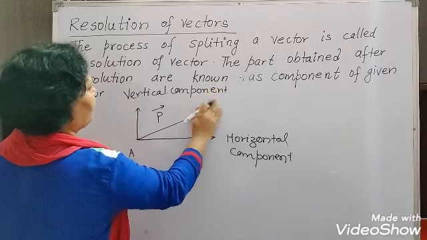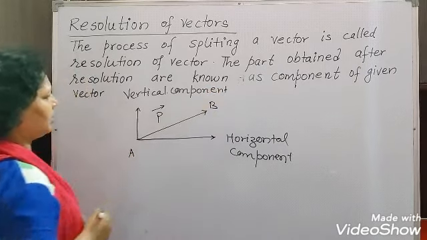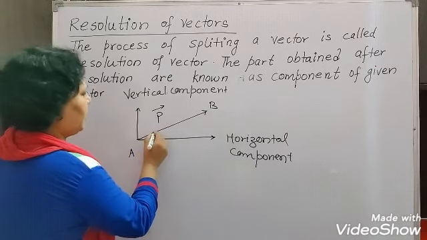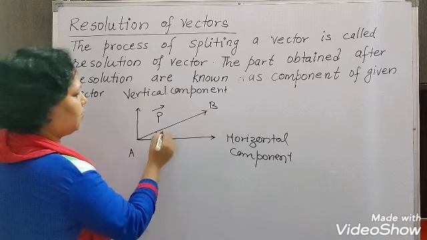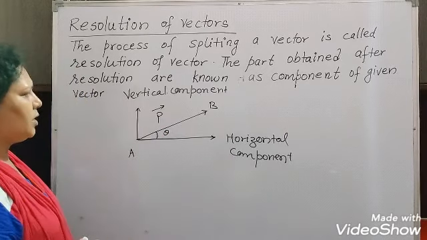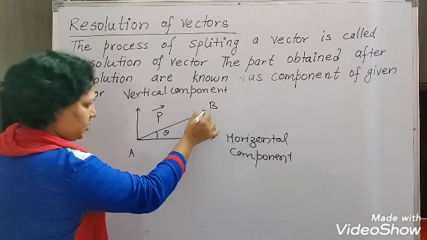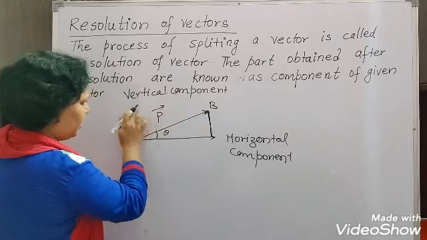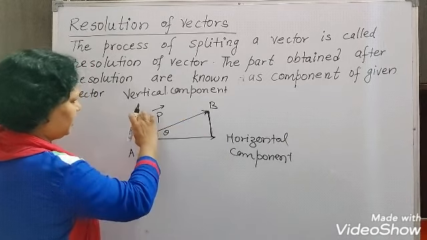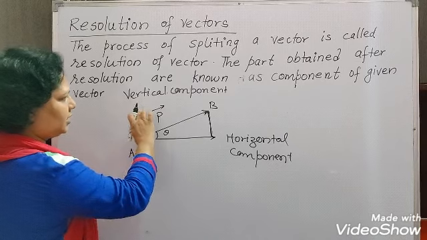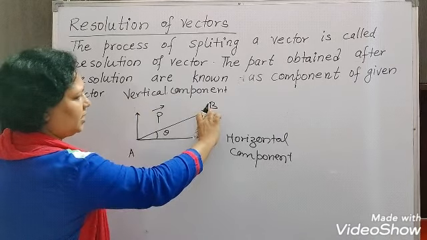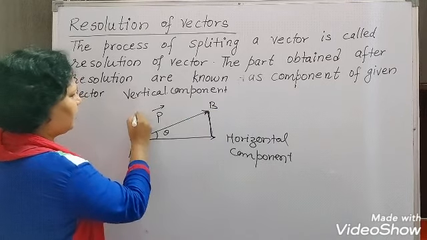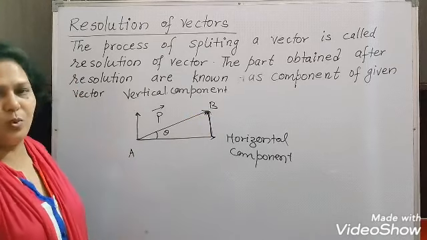Now, if P is splitting into two components, suppose P makes an angle theta with its horizontal component, then we can draw a straight line like this. The length of this line is equal to this line here. In magnitude these two are equal, and they are parallel, so the direction is also equal.